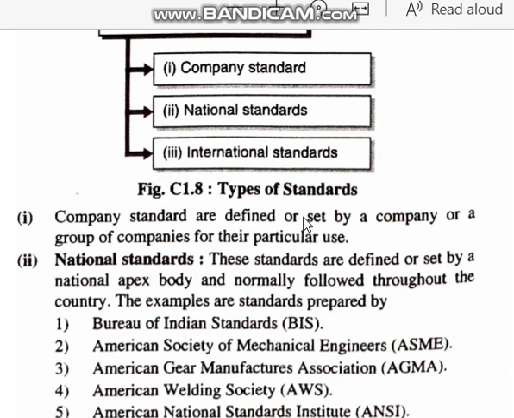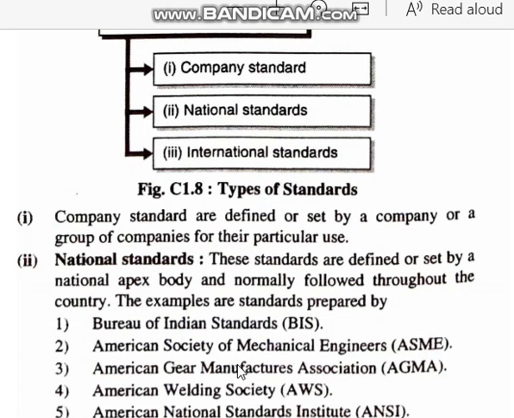Company standards are defined or set by a company or a group of companies for their particular use. National standards are defined and set by the national apex body. Apex body means top body, normally followed throughout the country. For example, BIS, Bureau of Indian Standards, is followed in India.